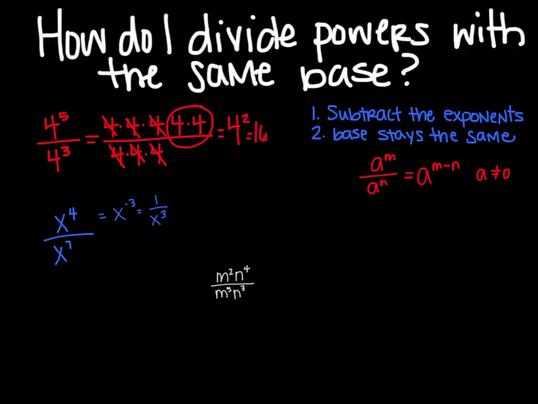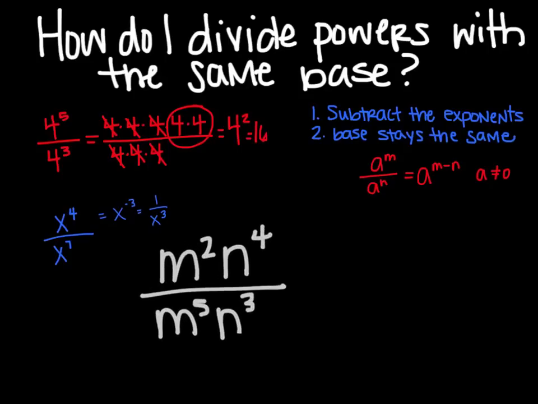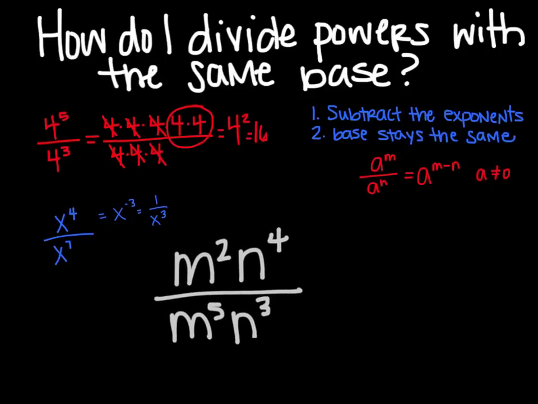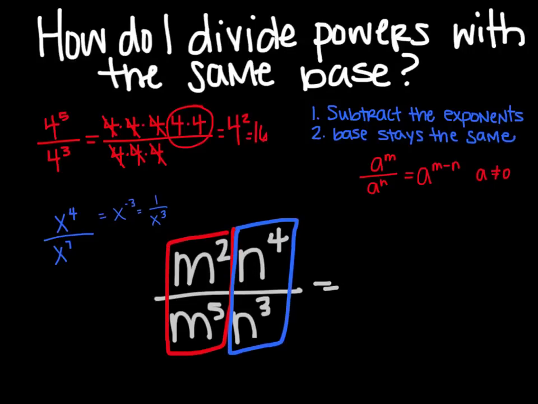And the last example I have for you here is m squared times n to the 4th over m to the 5th times n to the 3rd. And you're just going to remember everything we do is with similar bases. So you're going to do the m's separately from the n's.